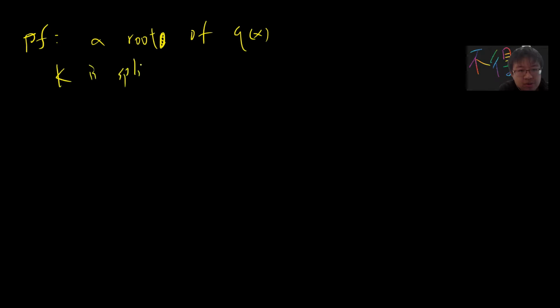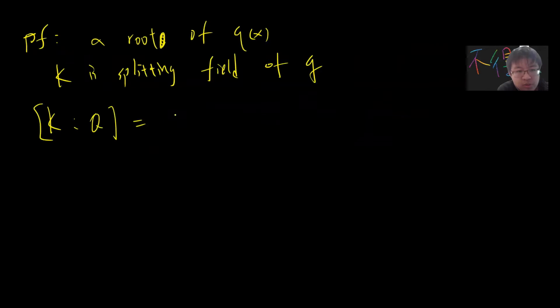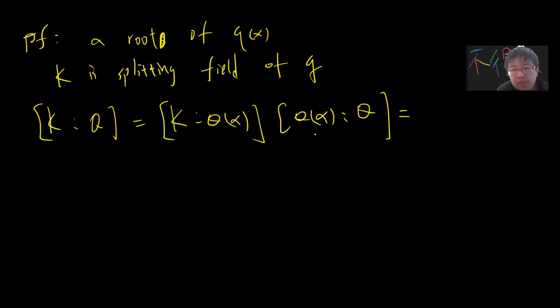Let alpha be a root of Q(x), and let K be the splitting field of Q. I know that [K:Q] equals [K:Q(alpha)] times [Q(alpha):Q], and this second factor is p, because this is a degree p polynomial.